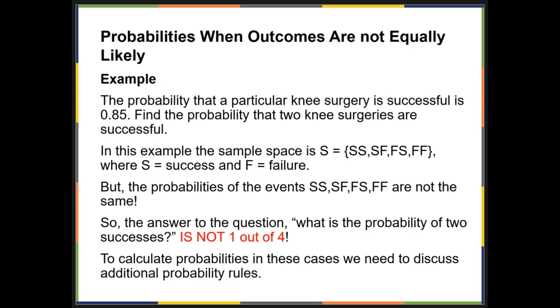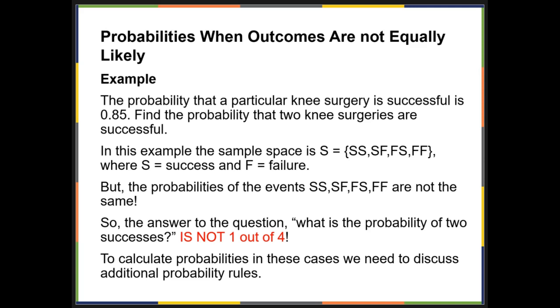Here are some more examples. The probability that a particular knee surgery is successful is 0.85. It says find the probability that 2 knee surgeries are successful. So in this example, the sample space is S, so that's the total number of outcomes, which would be: successful, successful; the first one is successful, second a failure; first one a failure, second a success; and then both failures.